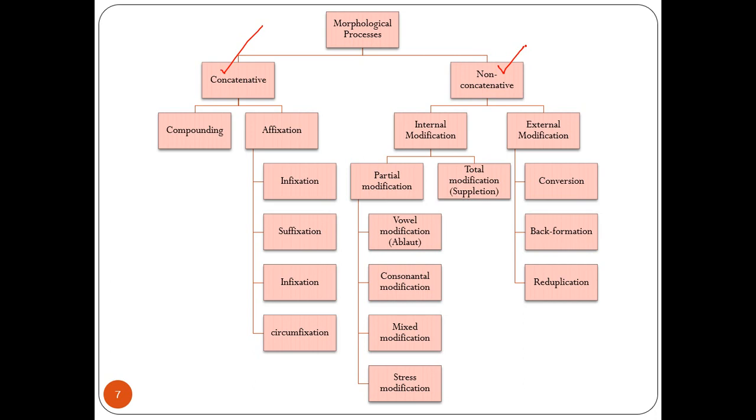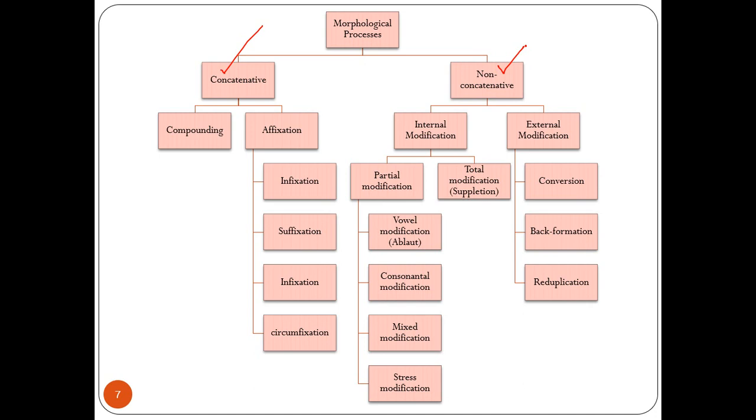And why? Because it's linear, and the items can be recognized. In classroom, we can identify the first morpheme class, and then room, or green plus house. So this is compounding.